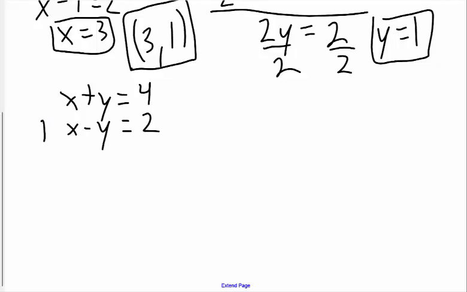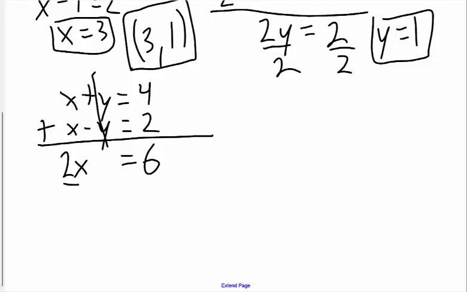In this case, all we have to do is add. So x plus x is 2x. Y plus a negative y, that cancels. 4 plus 2 equals 6. Divide by 2 on both sides. X equals 3.